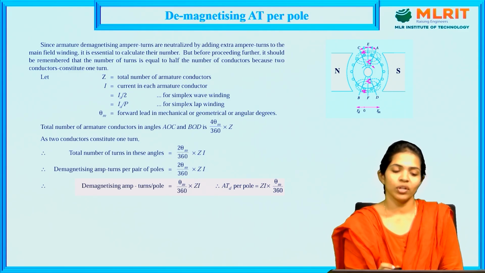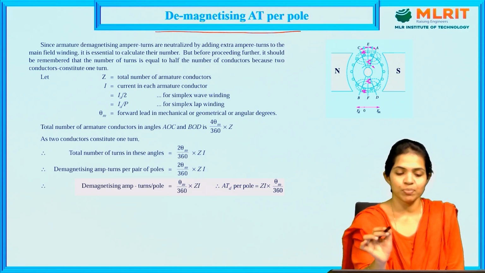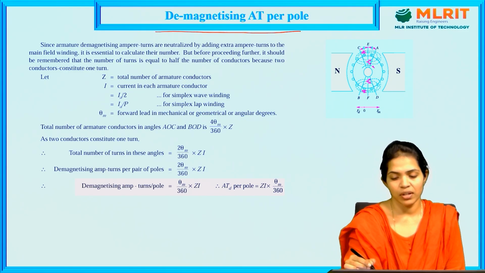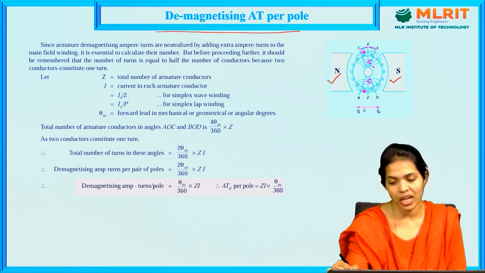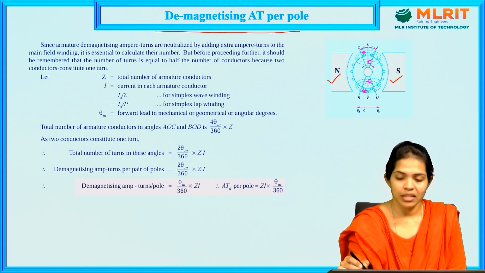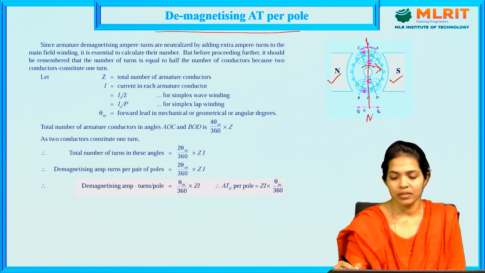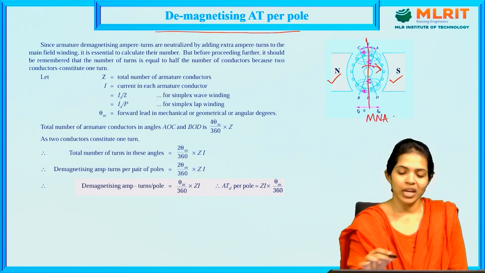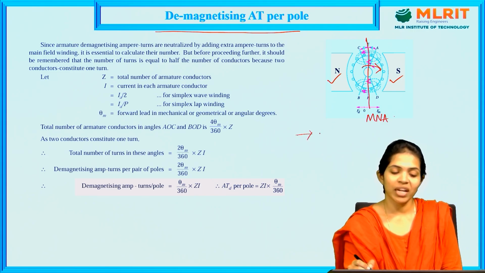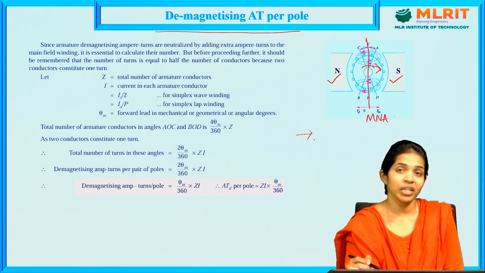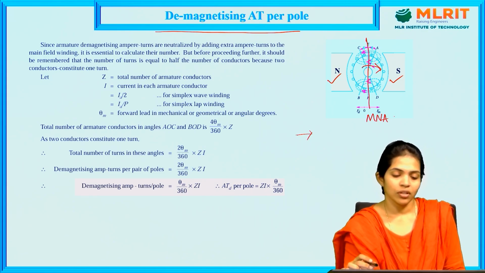Next, moving on to demagnetizing ampere turns per pole. Looking at this figure, we see we have a north pole and a south pole, and the direction of rotation. This is your MNA. We now have to calculate the number of demagnetizing ampere turns required to neutralize the demagnetizing effect in the DC generator.